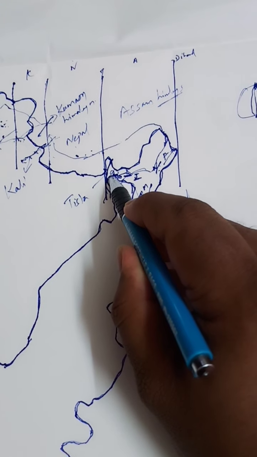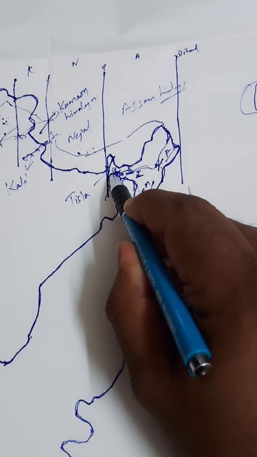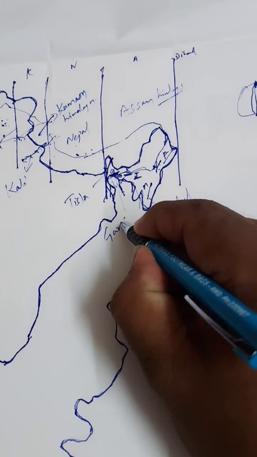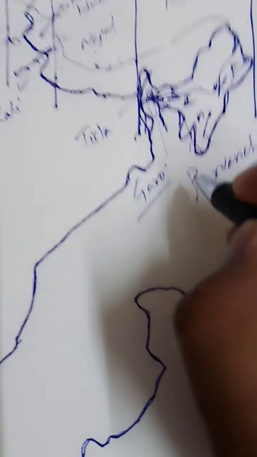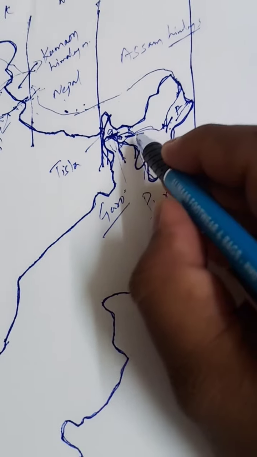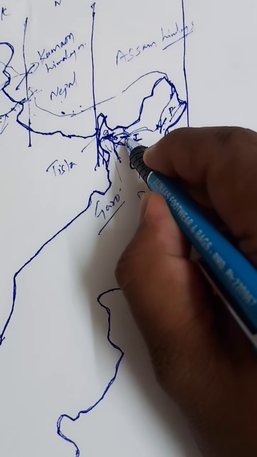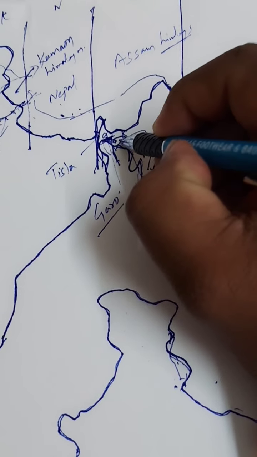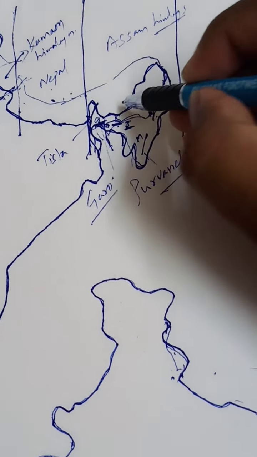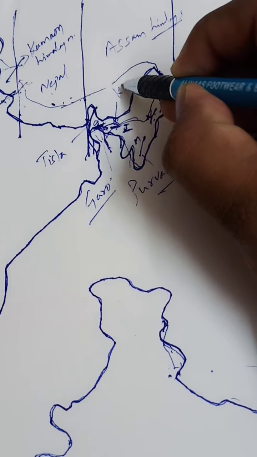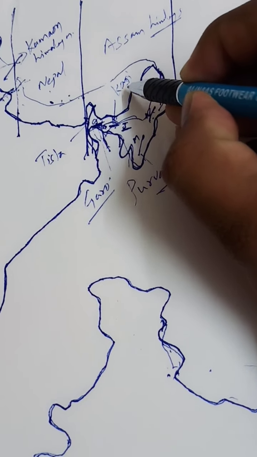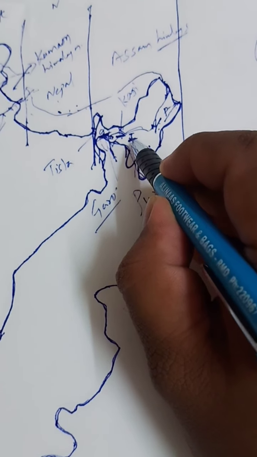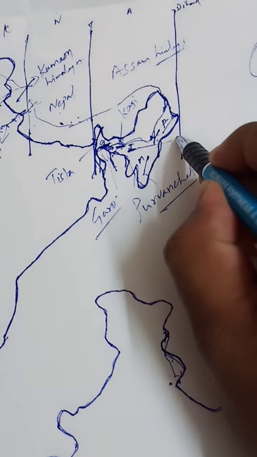There's a hill range over here called Garo Hills. Garo Hills. And if you go further east, there is another hill range over here, see this one, which is called Khasi range, Khasi range. And then you have a hill range over here called Jayanti Hills.